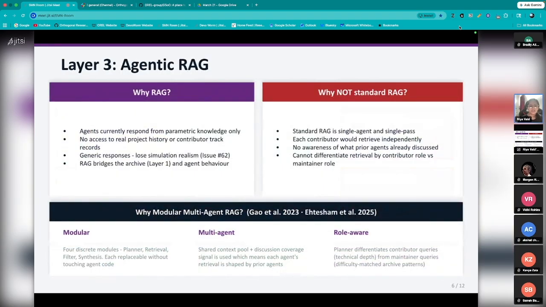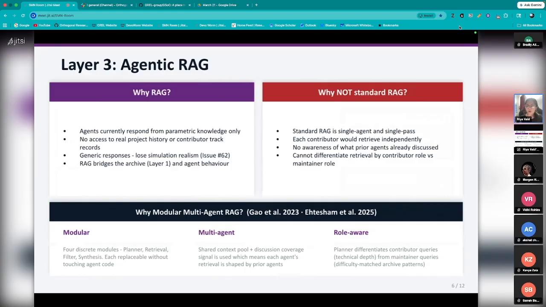Going on to layer 3, that's agentic RAG. Why am I proposing RAG here? Because right now the knowledge that the agents have is parametric knowledge. They don't have real open source archives and open source history, which makes the responses generic. So it bridges the gap between layer 1, the normalized schematic data, and the agentic behavior.